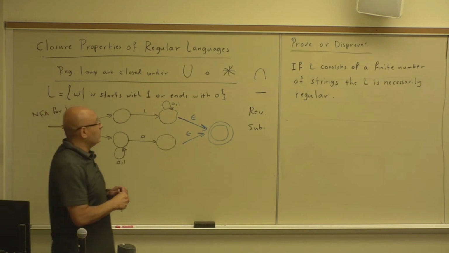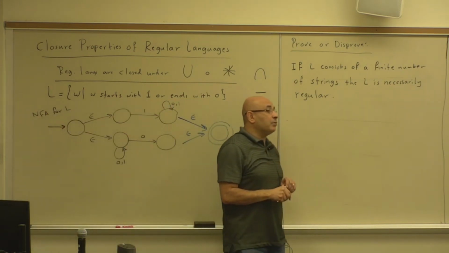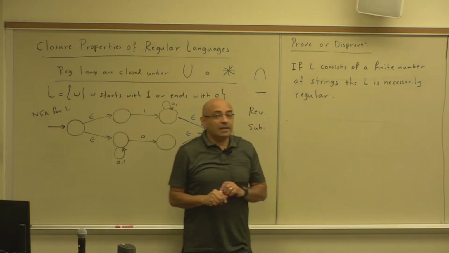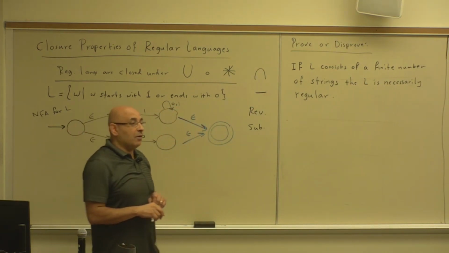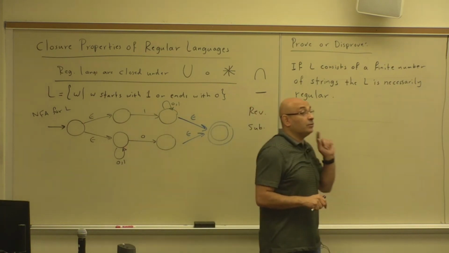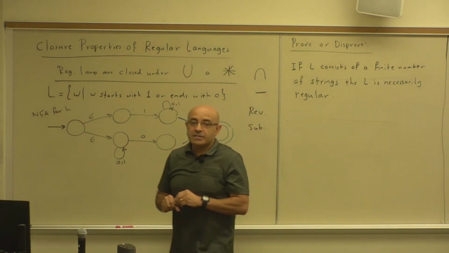Is this true or false? If it's true, how would we prove it? If it's false, you just need a counterexample. So for false, you need only one counterexample. For true, you need to prove it. So is this true or false?